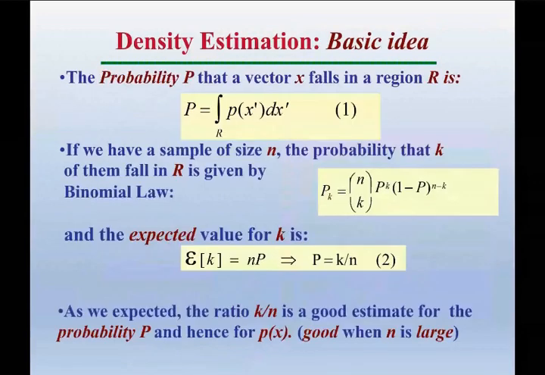Now the probability P that a vector x falls in region R. So be careful now about what I am deriving. The probability P that a vector x falls in a region R is equal to the integration over the region of this probability density function.